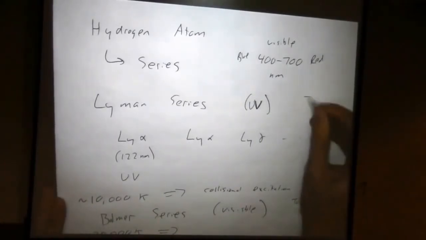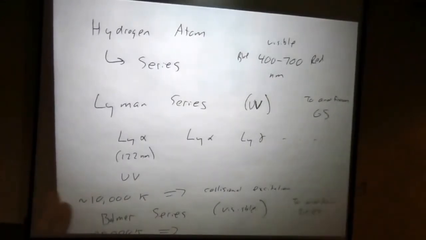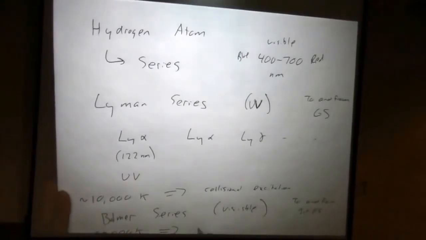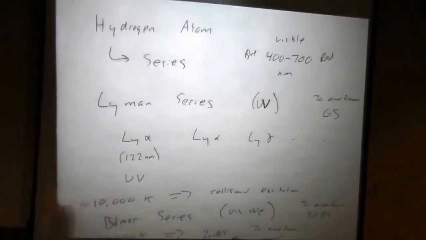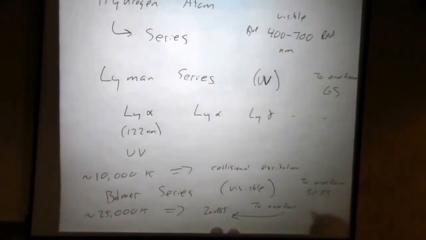Lyman is everything to and from the ground state. If we're up to 25,000 Kelvin, through collisionally, we're exciting all the electrons, for the most part, up to the second excited state. So everything to and from the second excited state gives you what we call a Paschen series.